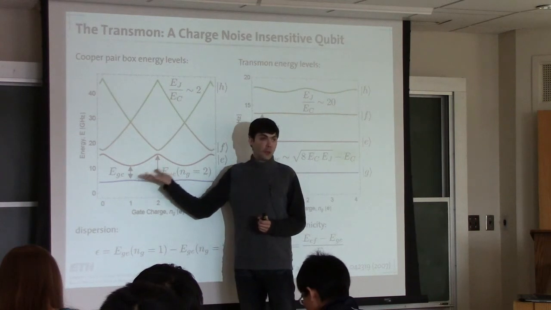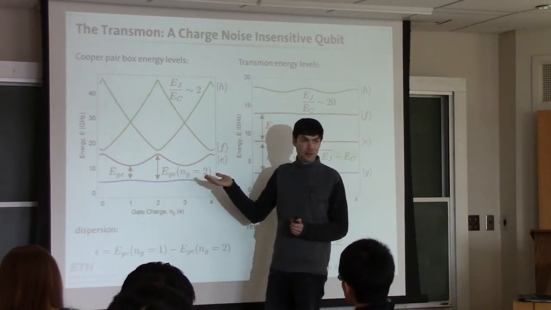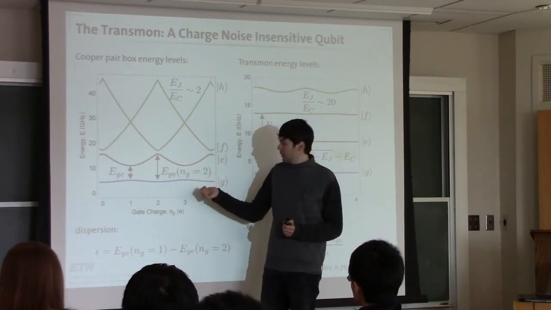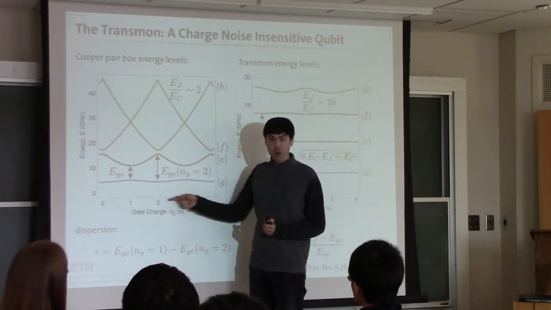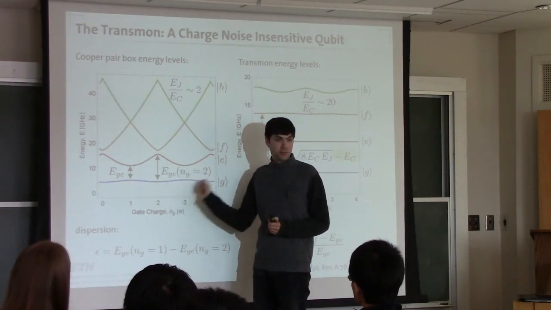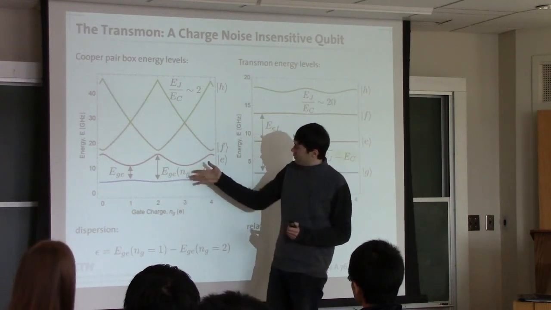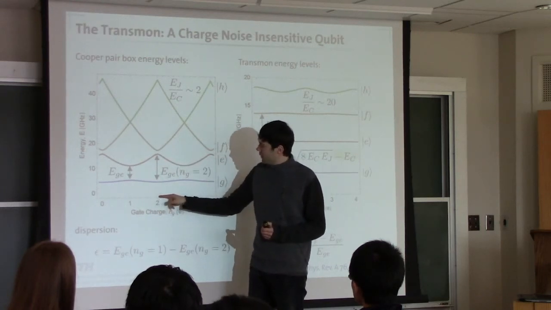Now I give you a visual interpretation of what charge noise does. What charge noise does in this energy diagram is shifting along this axis. So you can see that there is a little bit better point to operate the qubit here.